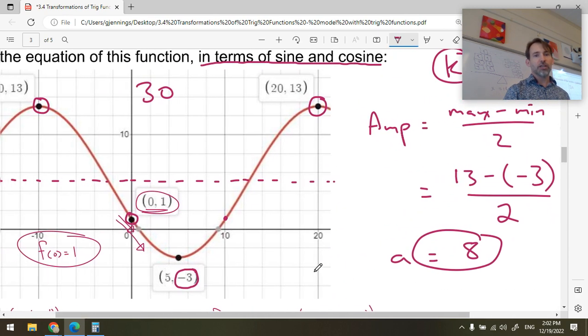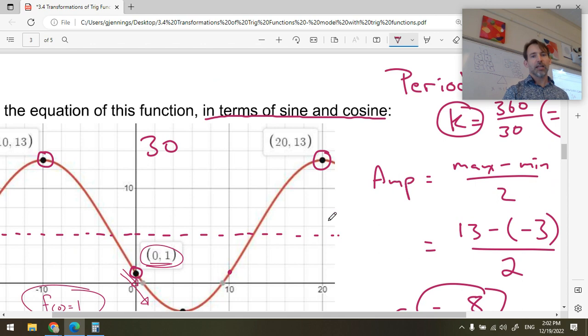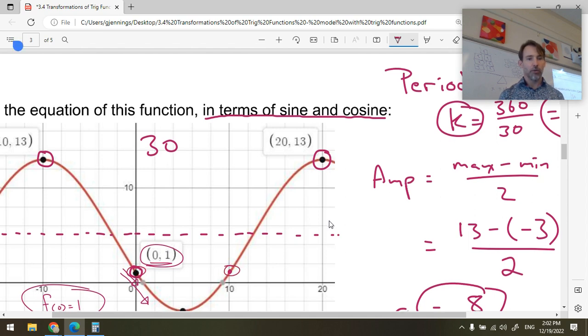So here's my strategy for finding a cosine one. It's going to have the same A, K, C, and D, but I know cosine starts at its maximum and then goes down. That's the only place it can go from the maximum. So a nice thing about that is there's no ambiguity. There's only one point that's a maximum. Right? Here there were 2 points that have a value of 1, that one and that one.